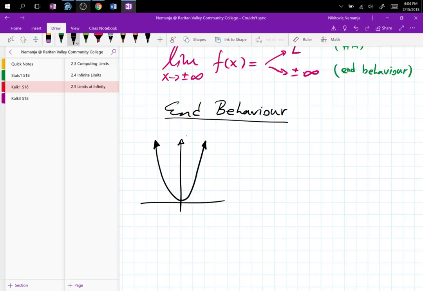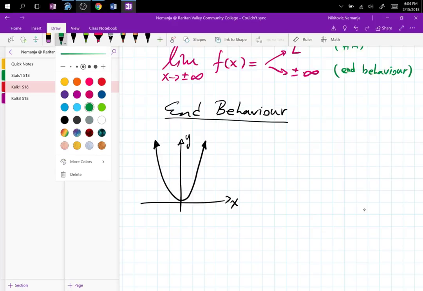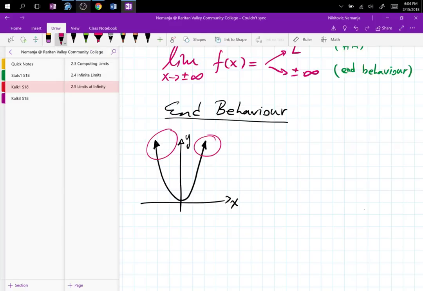We also put arrows on the x and y axes to signify that they go forever in that direction. So for this parabola, the two ends that I have here are called end behavior.